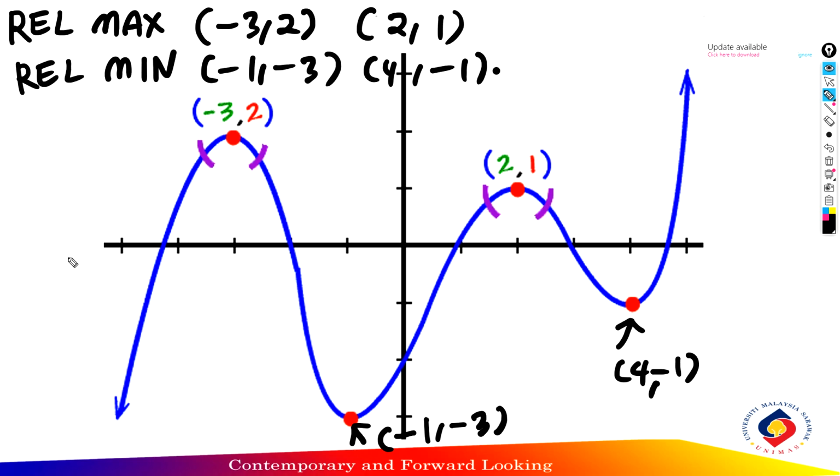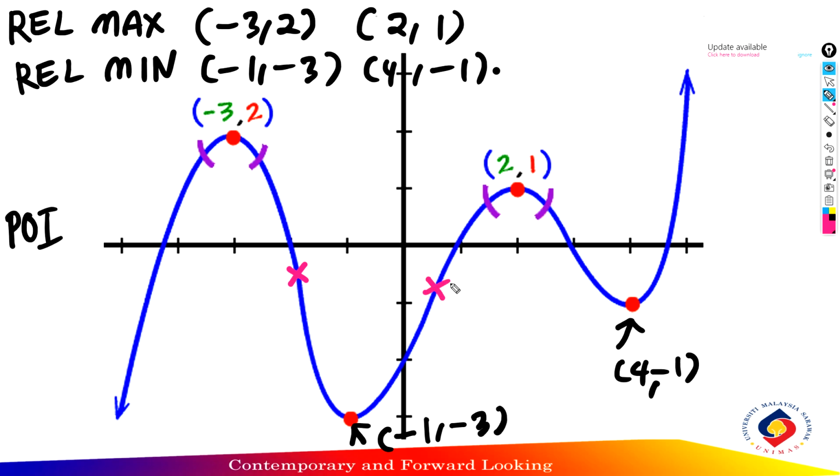And number 3, you state the inflection points, POI, points of inflection. First you check the concavity of the function. From the left of the function, maybe you put the first point and the second point.